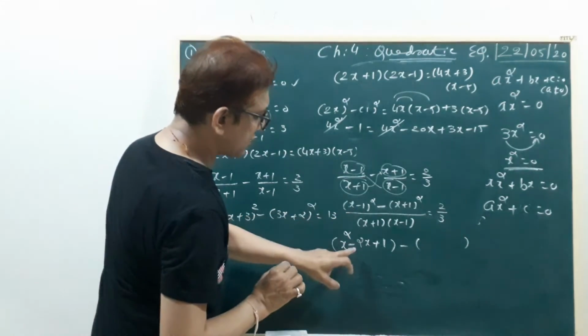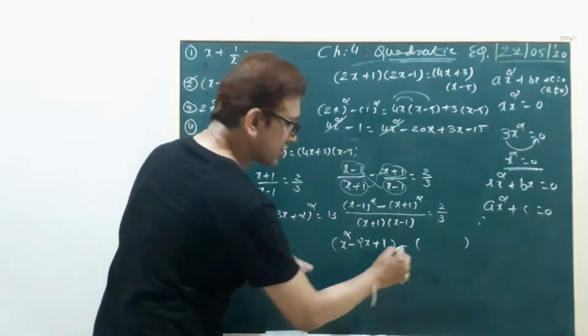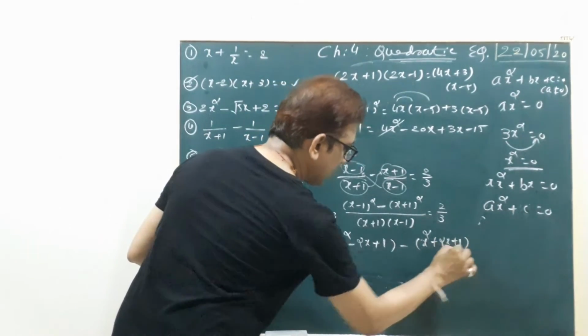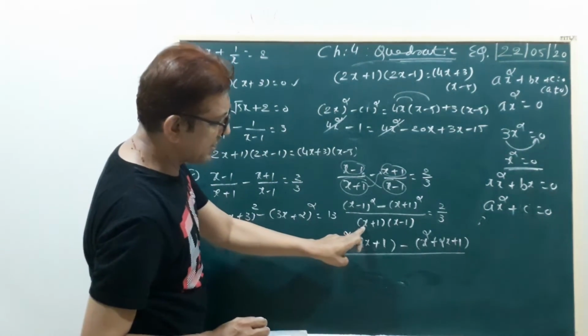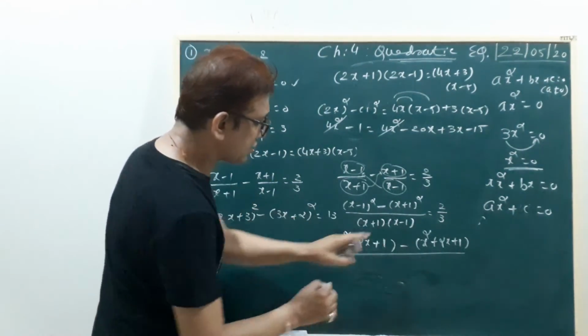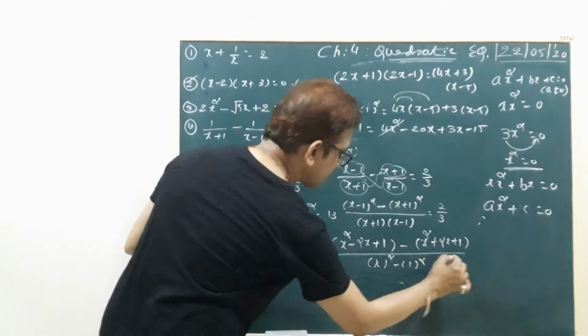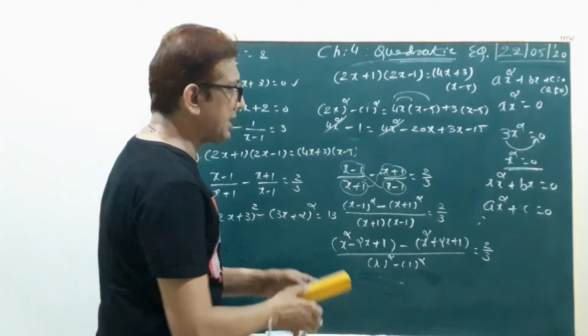Here x minus 1, so your answer is this one. Here x plus 1, same answer, but middle term is positive. X square plus 2x plus 1 upon, in the denominator, our identity a plus b and a minus b, so a square minus b square, equal to 2 by 3, right?